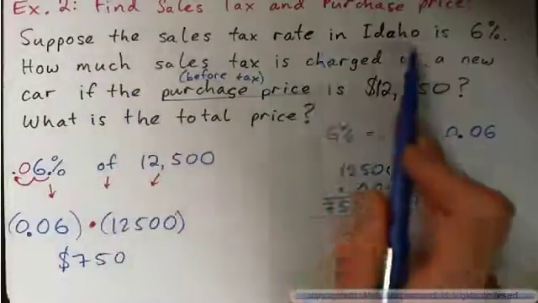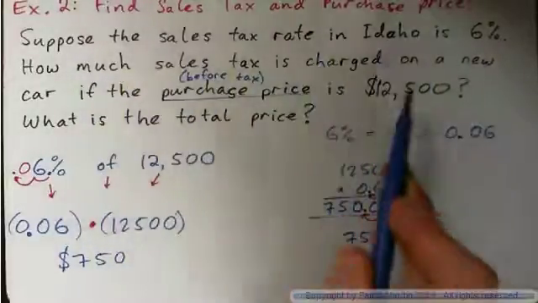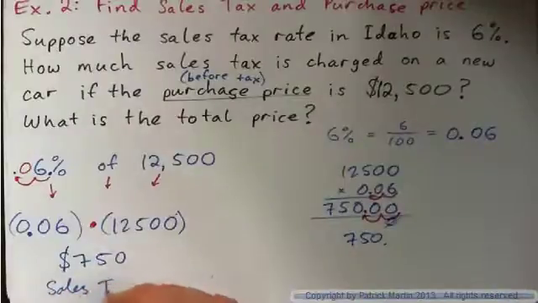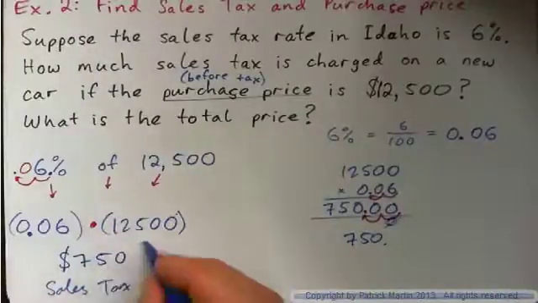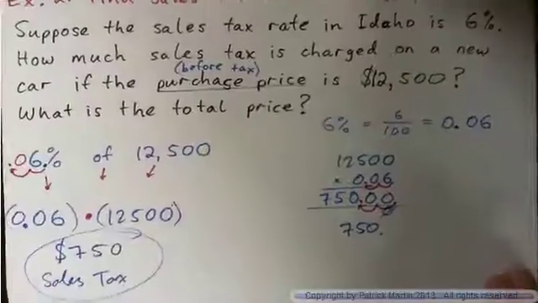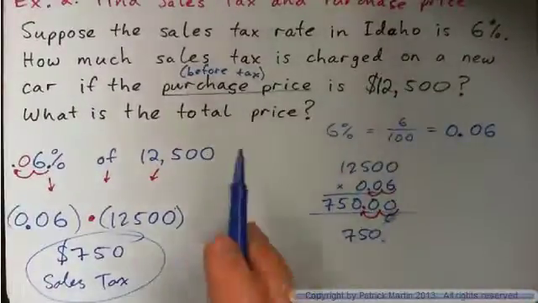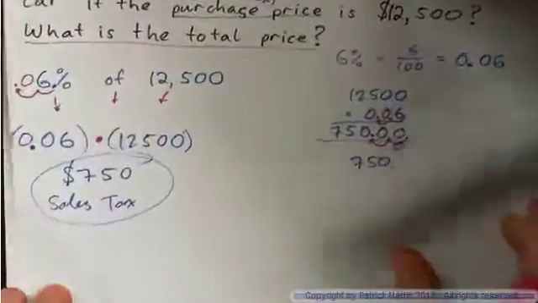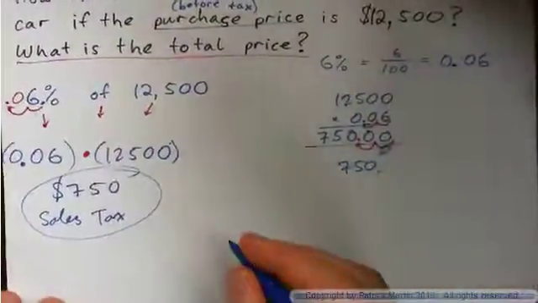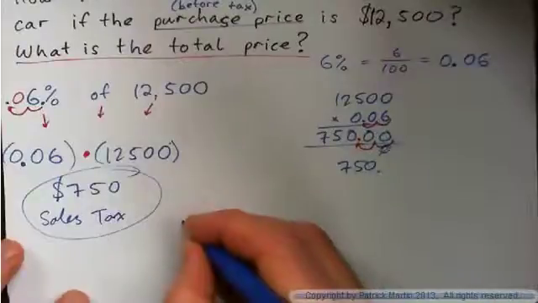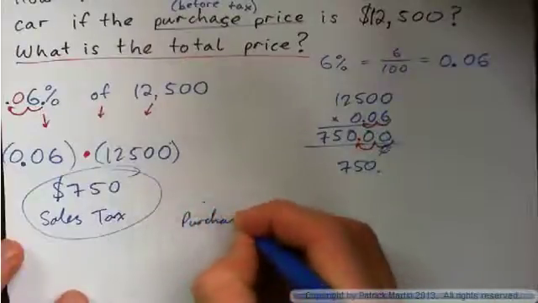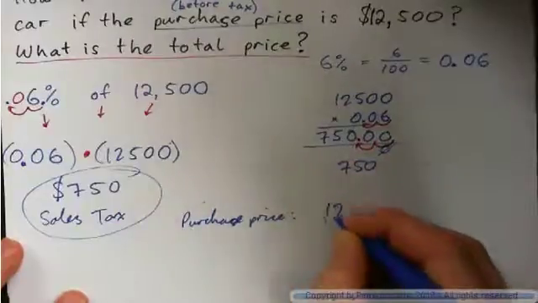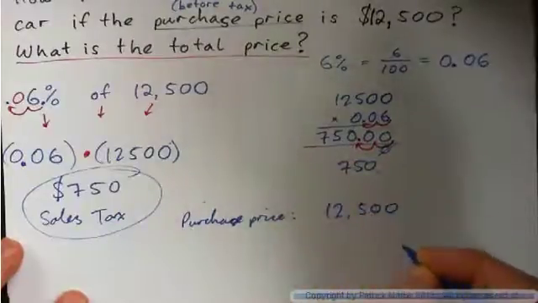So the sales tax rate is 6%. How much sales tax is charged on this car? The answer is this is the sales tax, $750. Okay. Now we have to then answer this question. What is the total price? Well, what we do is we take the purchase price, which is $12,500.